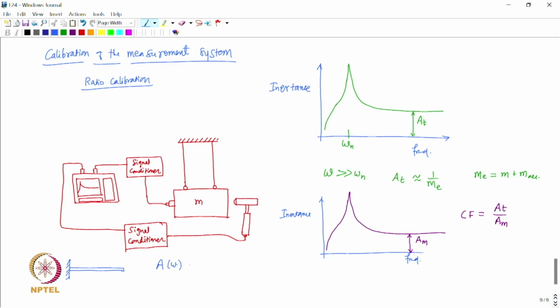So this is the FRF that is measured. Now, we would correct this FRF using the calibration factor. So we can write AC, the calibrated FRF, as A of omega multiplied by the calibration factor. In this way we obtain a calibrated or corrected FRF.